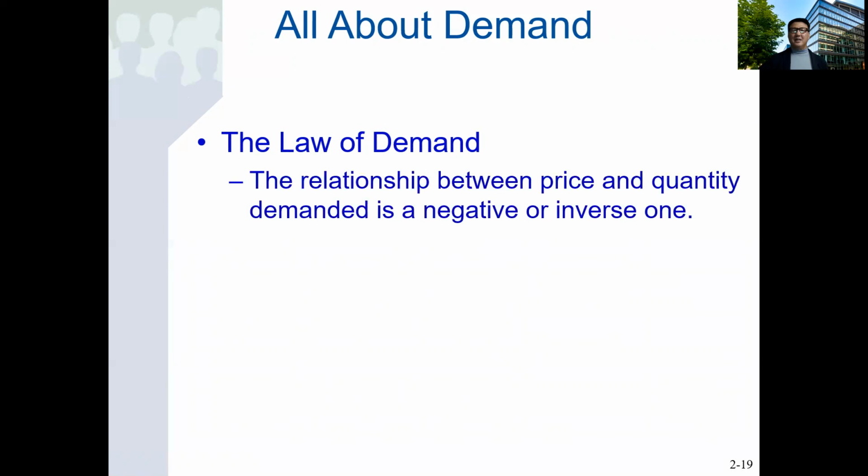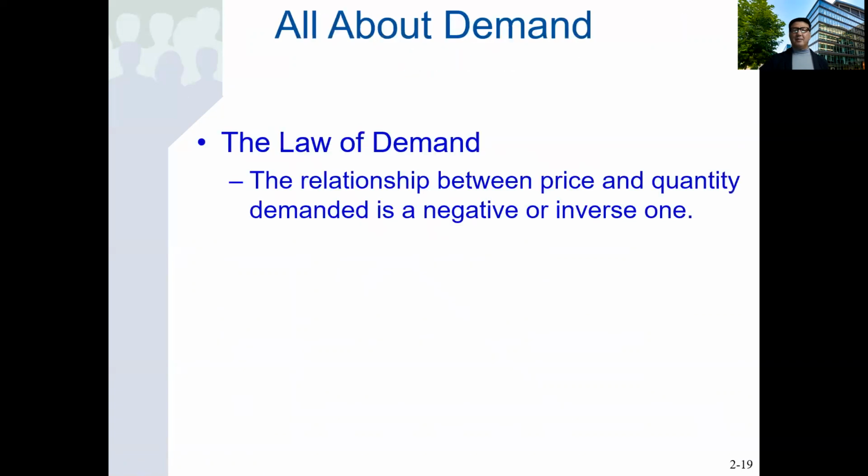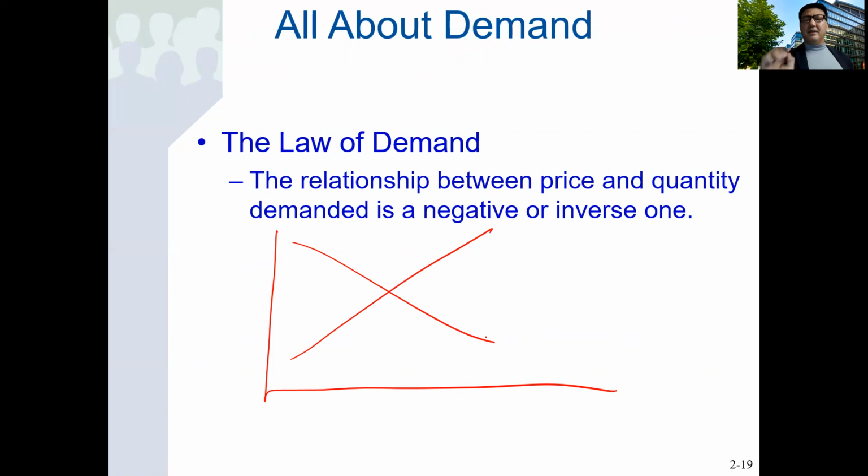Let me show you in a graph like this. There's a supply and there's a demand. Basically, they're inversely related. The demand is going from high to low, and the supply is going from low to high. That's what an inverse relationship is.